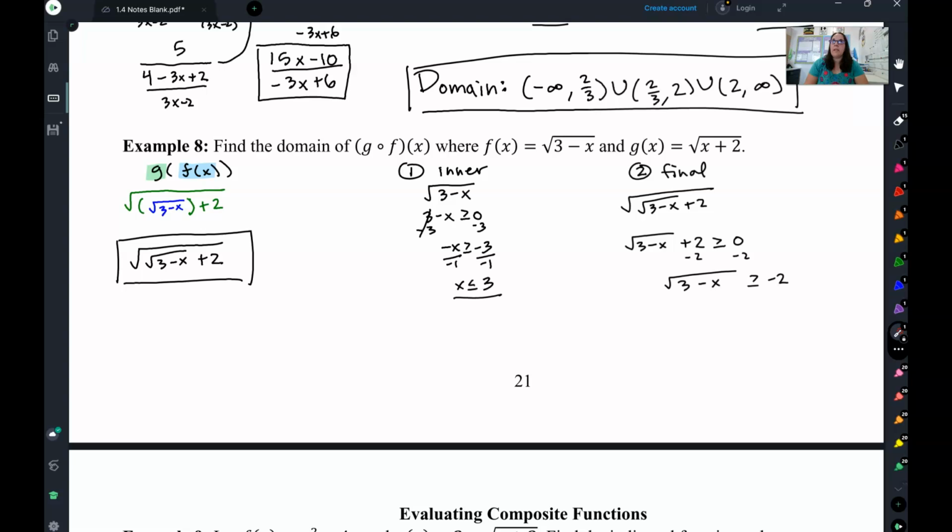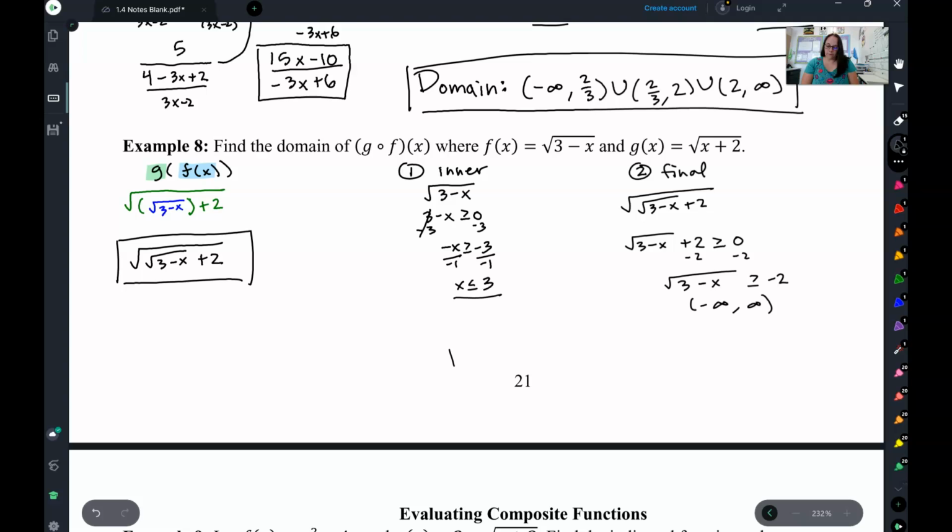Square root's never going to give you a negative number. That's not how it works. We can't square root negatives. So we know that this will always be greater than negative 2. So this domain is just negative infinity to infinity, always works.